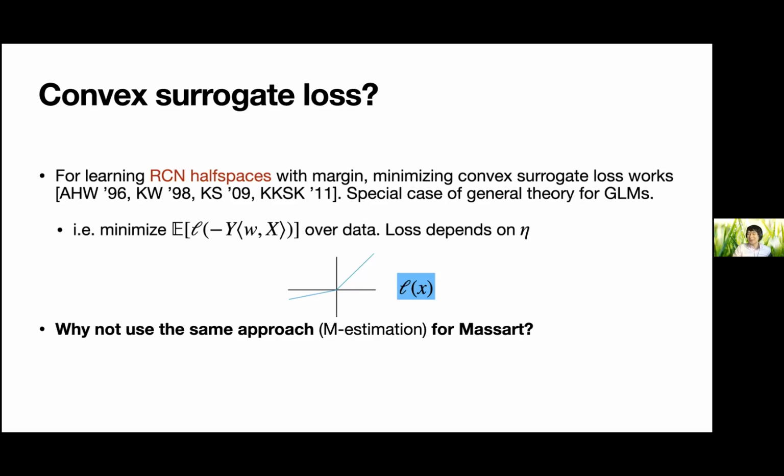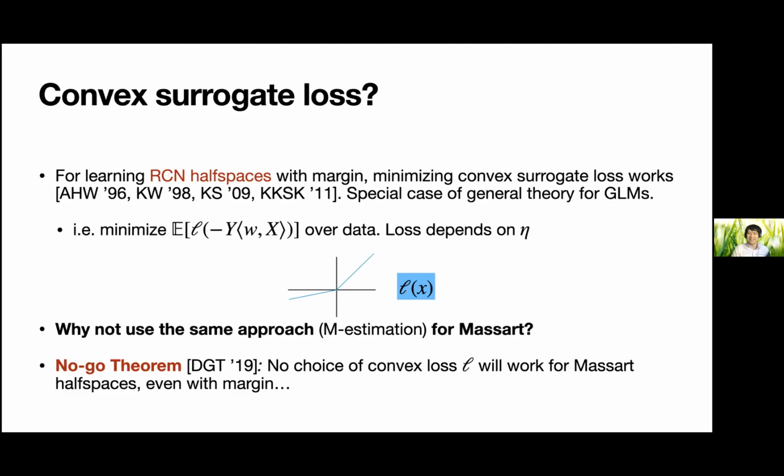And you would wonder why not just do M estimation for the Massart half-space problem. Maybe you have to tweak the loss. It's not clear. And the important point is that it just can't work. No matter what function L you pick here, it's not going to work in the Massart half-space model. Essentially, the intuition is that convex losses like this are pretty sensitive to what happens for points which are far from the decision boundary, so where w.x is large.